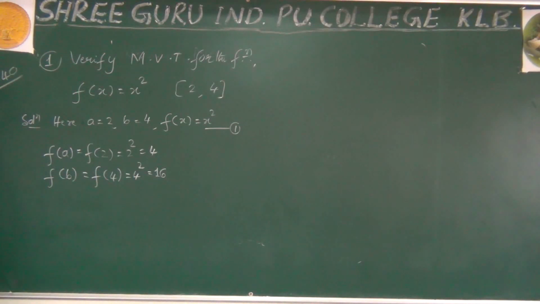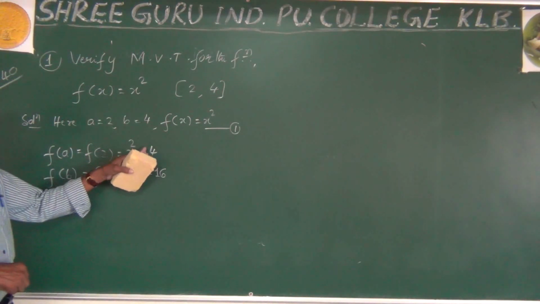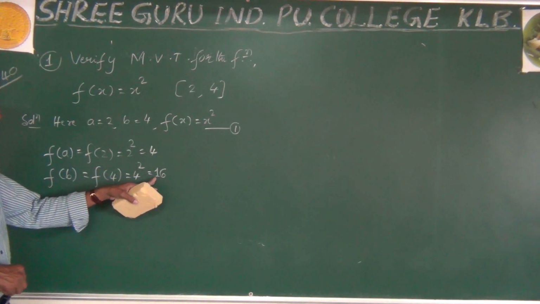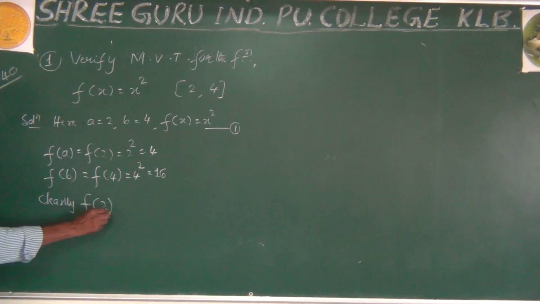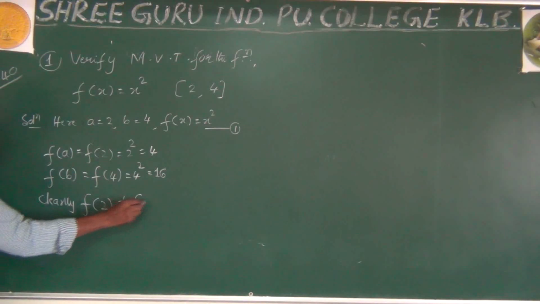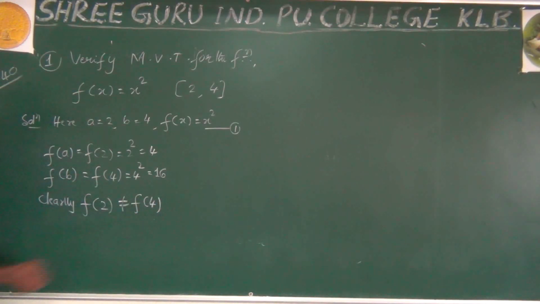Observe carefully: 4 is not equal to 16. In particular, f of 2 is not equal to f of 4, means f of a is not equal to f of b.